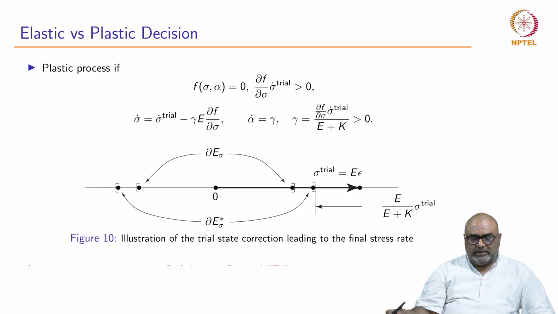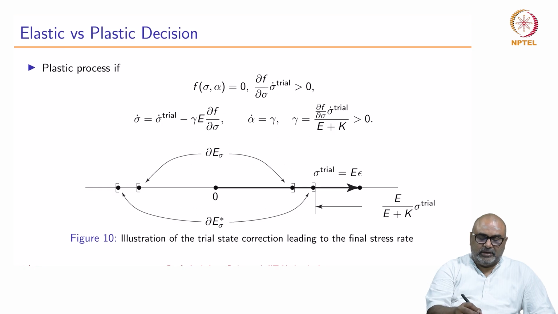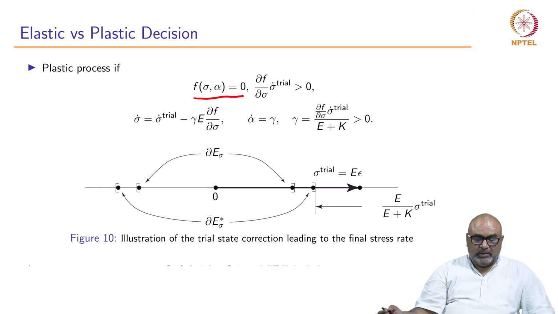Now, it is a plastic process when f of sigma comma alpha is equal to 0 and dou f by dou sigma times sigma dot trial is greater than 0. That means you are on the yield surface and dou f by dou sigma times sigma dot trial is greater than 0. So, essentially here you have a point inside the initial yield surface, and then you have taken a trial elastic step, sigma trial is equal to E times epsilon.